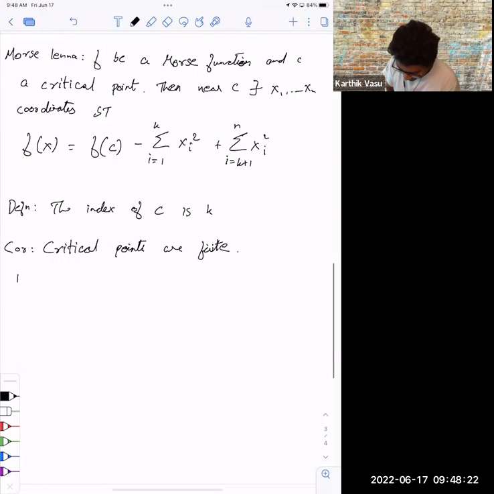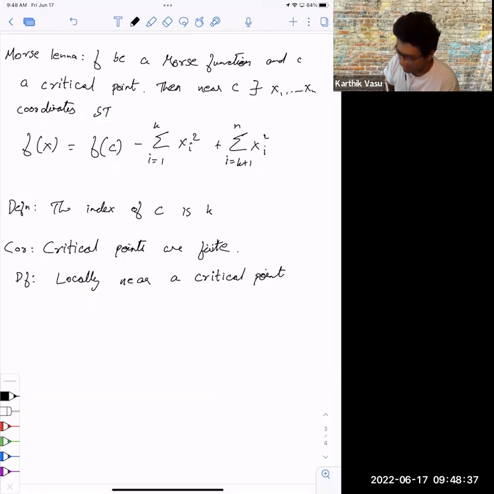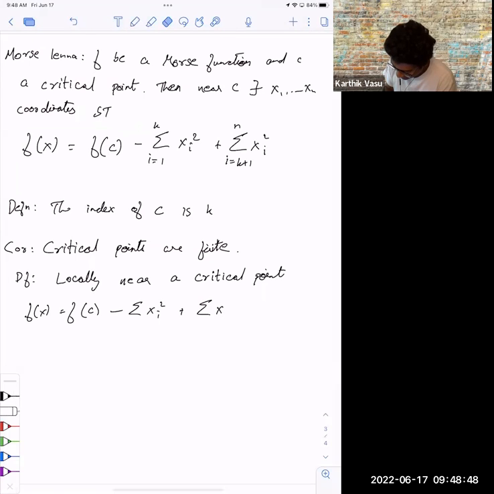Proof: locally near a critical point, F has the following form. F of x is always like this, plus squares.